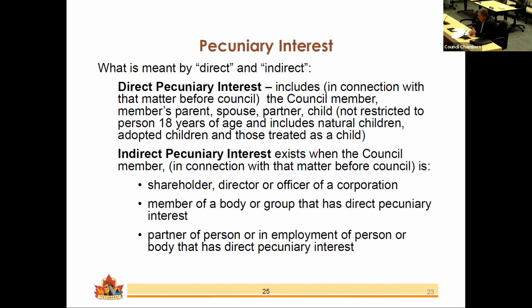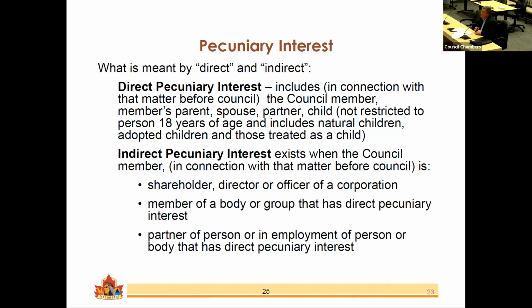The indirect pecuniary interests commonly exist where the council member has that conflict as a shareholder, director, or officer of a corporation that's involved in that matter under consideration for council. It's not just in the corporate sense, but it would extend to situations where that council member is part of a group or an association.